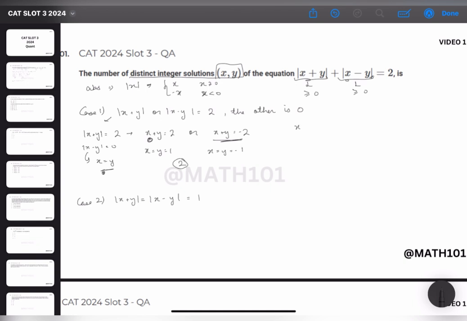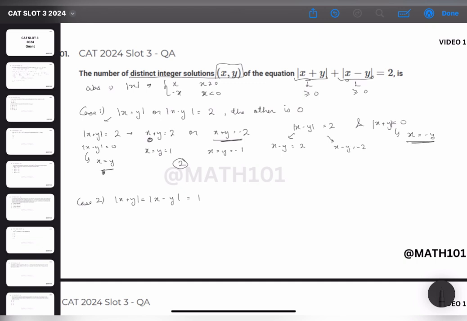Now we will take x minus y equals 2 and x plus y equals 0. This implies x equals minus y, and this means either x minus y equals 2 or x minus y equals minus 2.